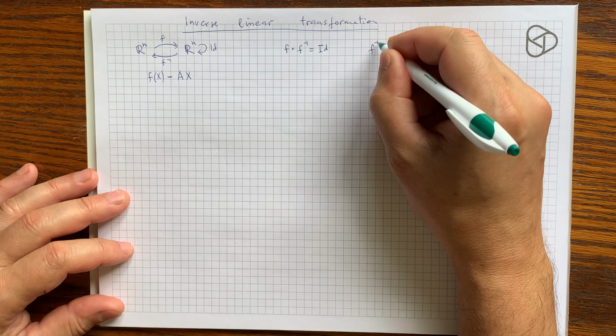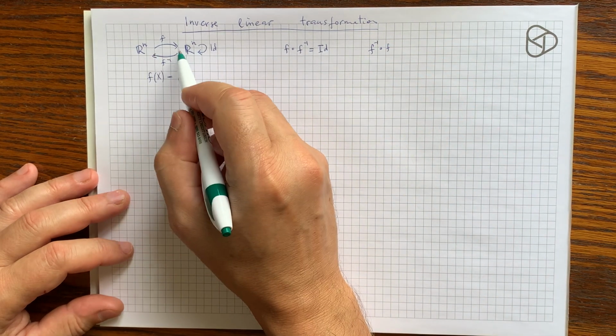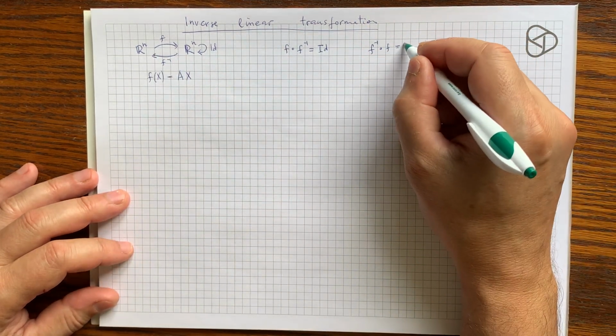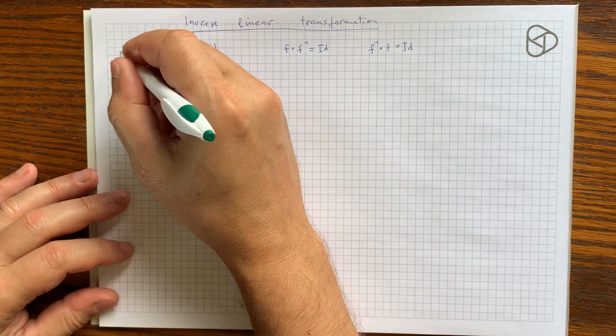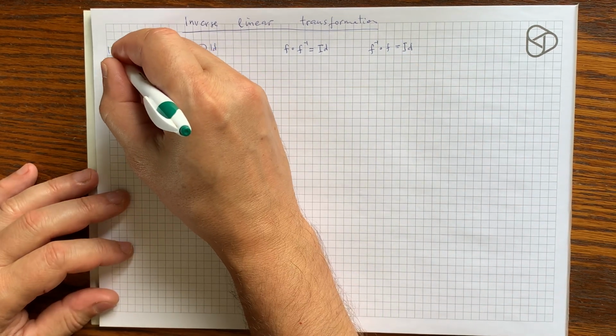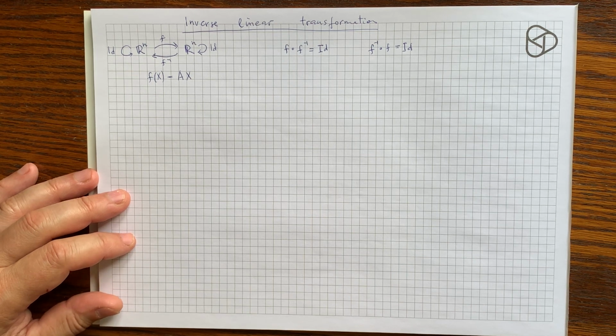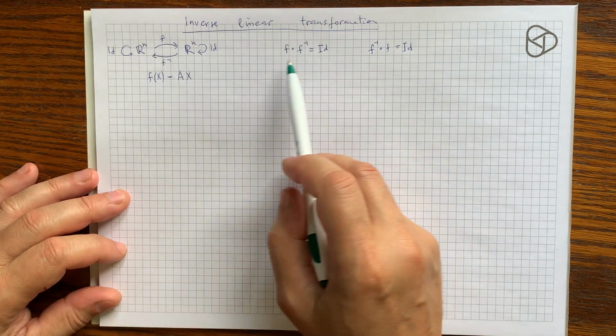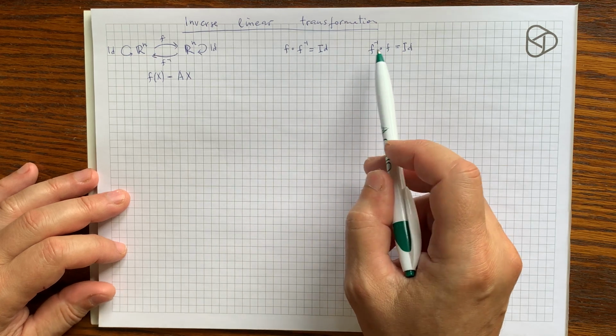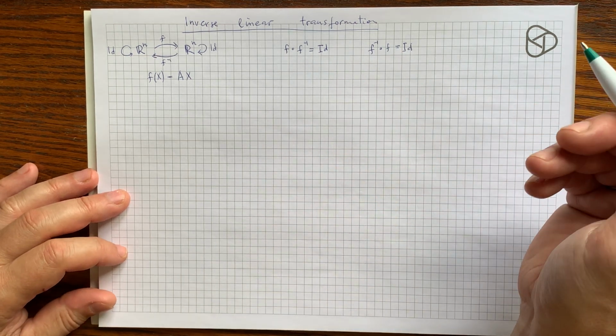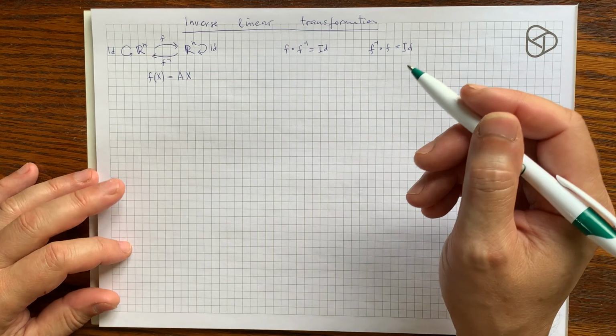And in the opposite order, starting with f and undoing it should give us again the identity at this end. So that is the pictorial way of representing the two equations. The two equations just say that f inverse is the inverse transformation to f.